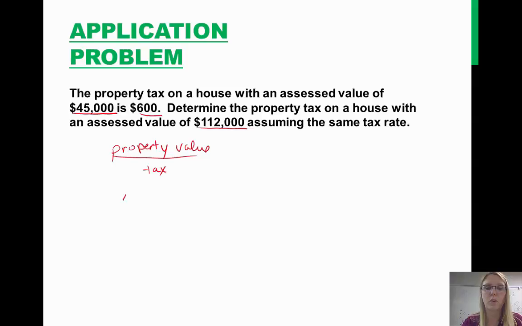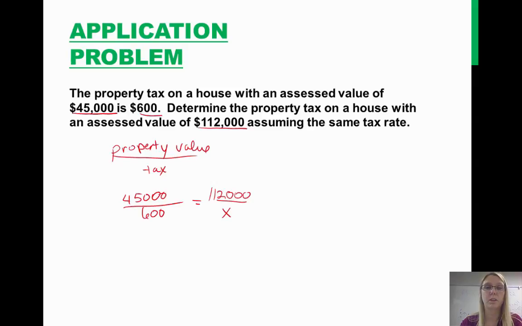So here I have $45,000, and the tax for that was $600. The second one, we don't know what the tax is. We're trying to find that, so I'm going to put X here for that. And I know that my assessed value for that particular house is $112,000.